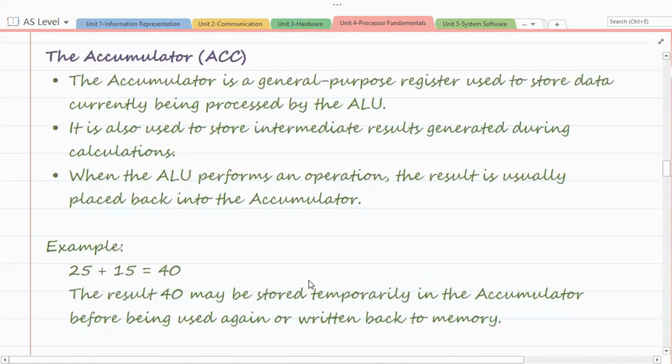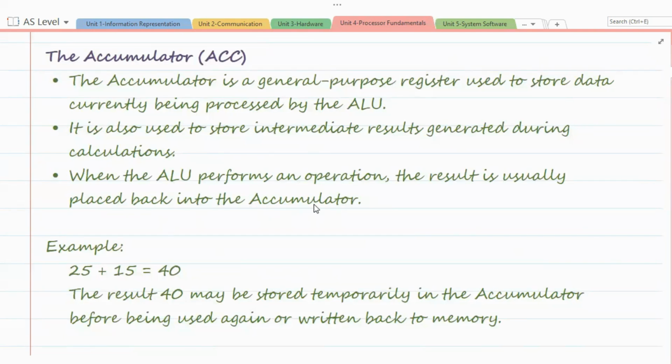First of all, accumulator. What is the accumulator? Why is it used? The accumulator stores data currently being processed and immediate results produced by the ALU. Basically, it is used to store intermediate results that are generated during the calculations.